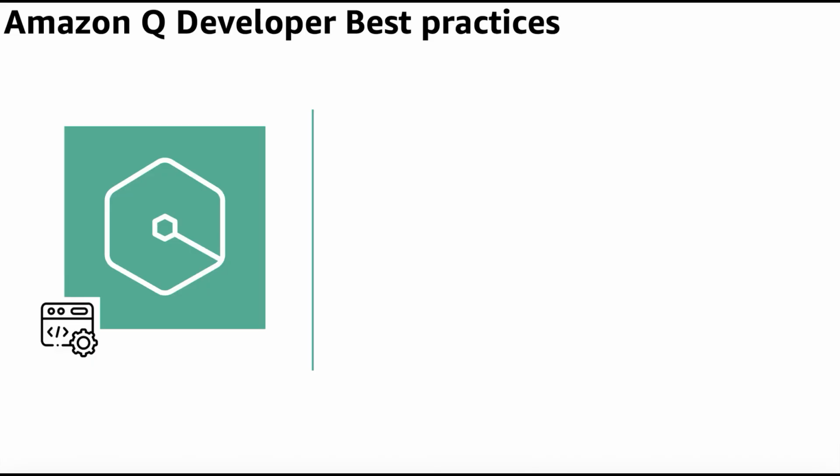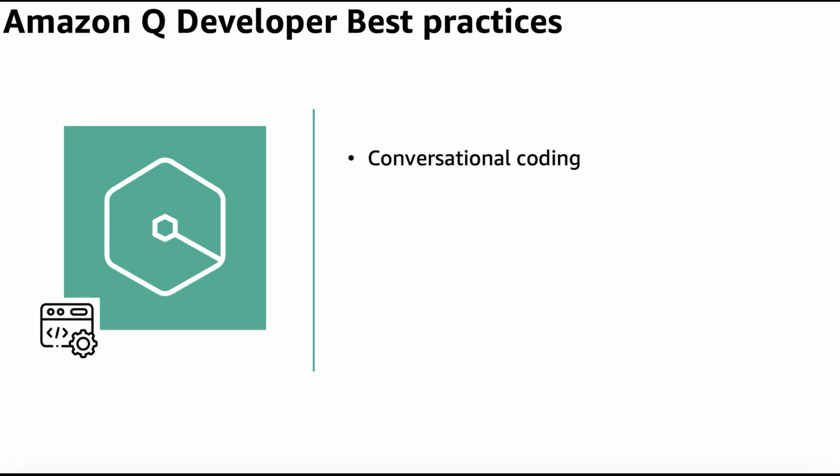Amazon Q Developer uses conversational coding where you guide the service to generate desired outputs. Let us go through the best practices of conversational coding. Writing clear and specific prompts is crucial when using Amazon Q Developer. The prompts should include as much detail as possible, be stated clearly, specify the intention of the prompt, and provide context.